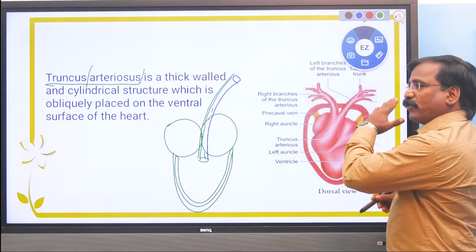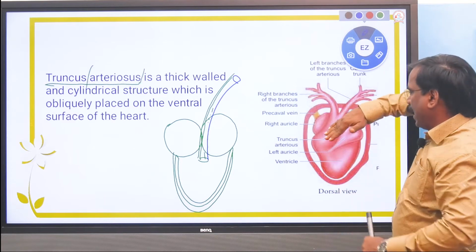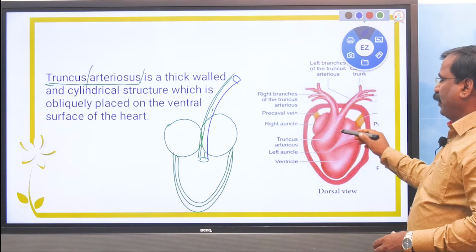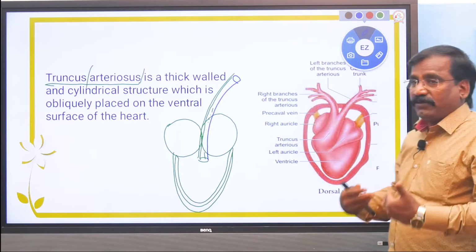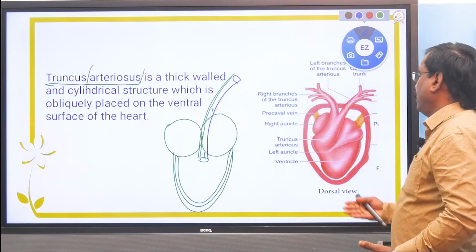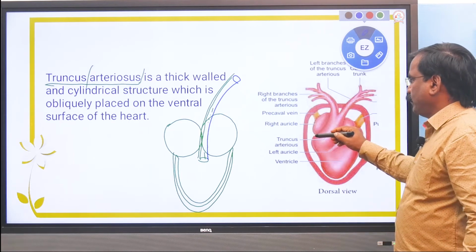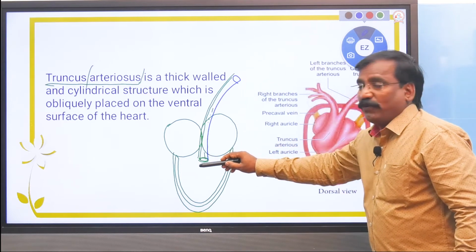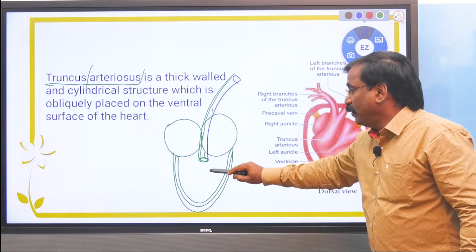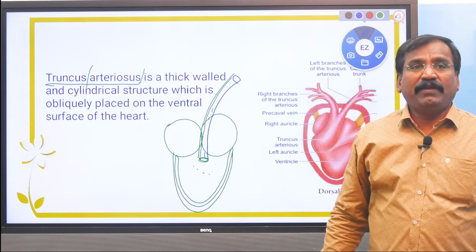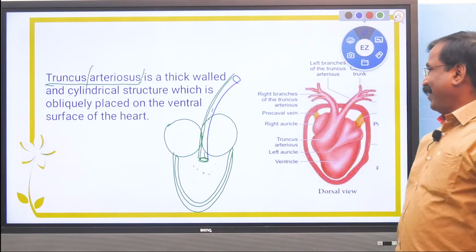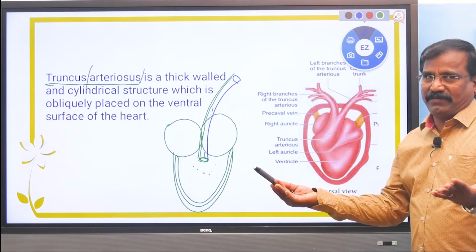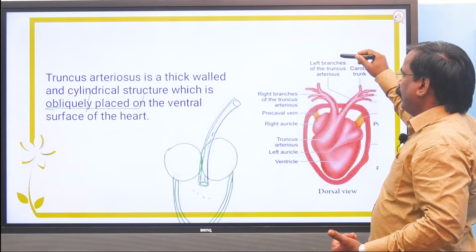Oblique means crossed, at an angle, not 90 degrees. It is the one and only blood vessel which arises from the lower chamber, the ventricle. Truncus Arteriosus: ventral side, obliquely placed, largest artery. Okay, that's all.